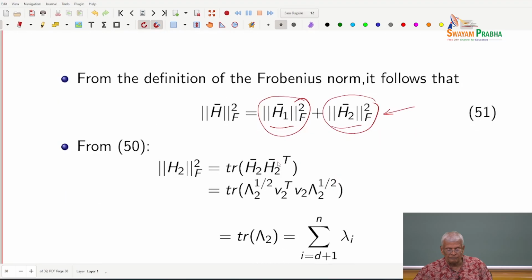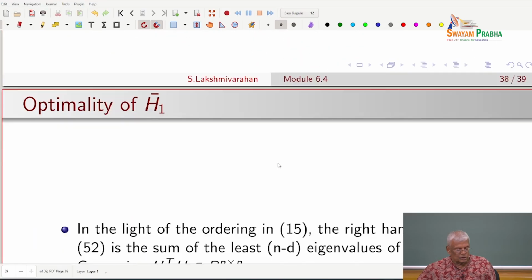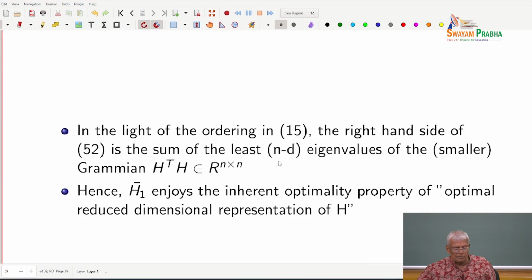The energy of the part that is going to be dropped, H2 bar, has a natural representation. So, this is equal to trace of lambda 2, which is the sum of the least of the eigenvalues. You have heard this a couple of times now.